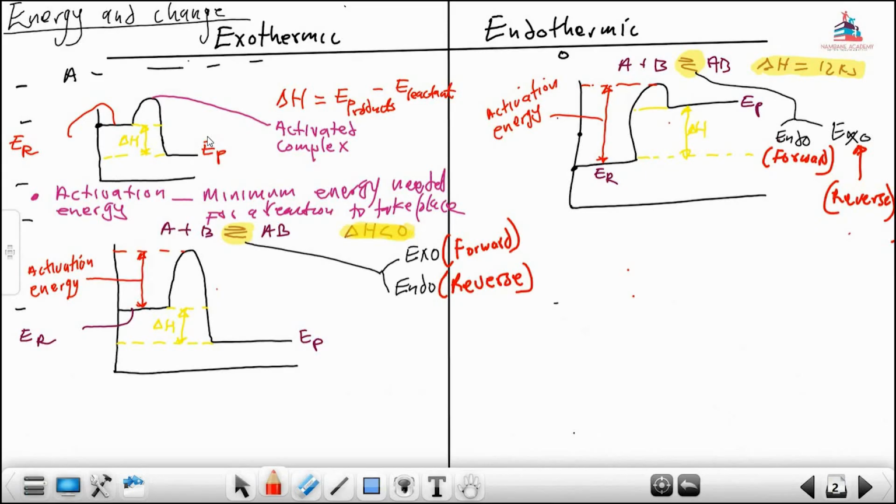So when you are asked such a question and you have double arrows, just remember that 2 reactions are taking place, the forward reaction and the reverse reaction. But the information given will be for the forward reaction. So once you have identified that your forward reaction is endo, then the reverse reaction must be exo. 100%. Any questions relating to this?